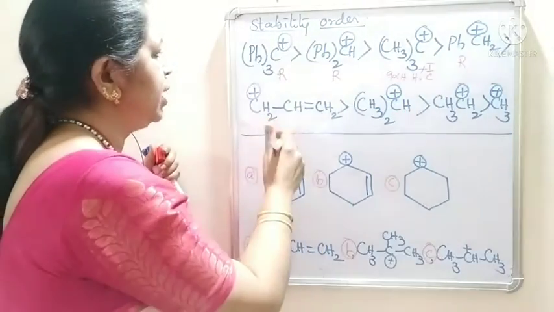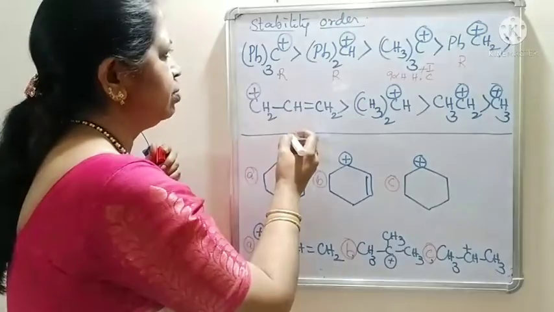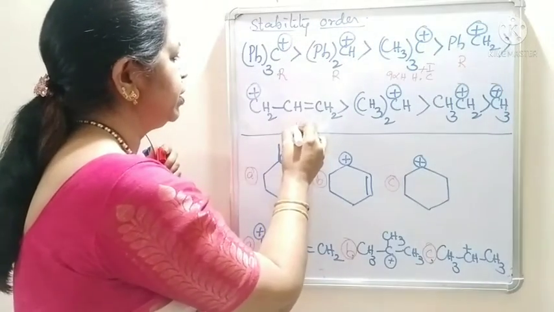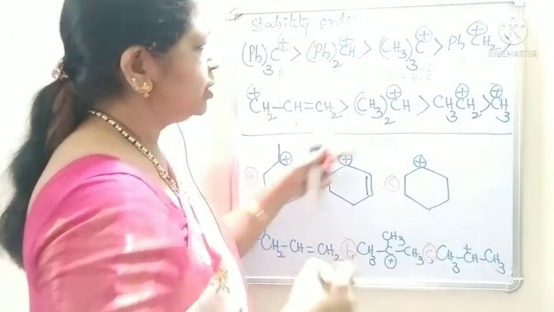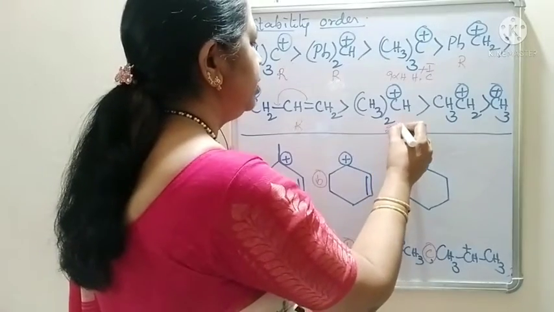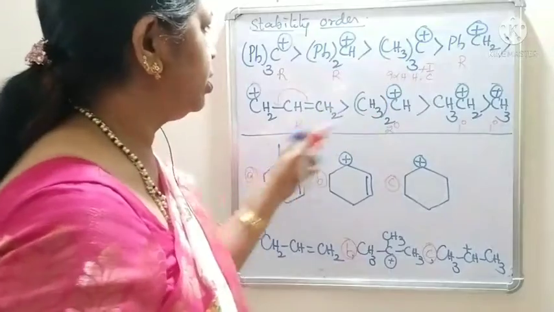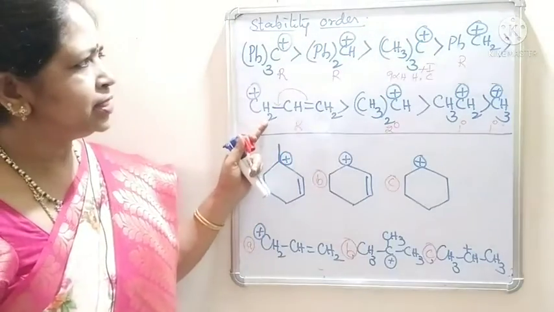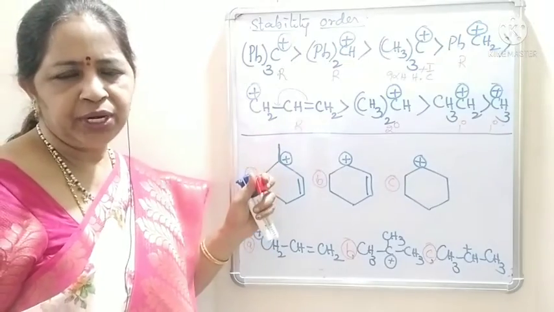And next comes allyl group, allyl carbonium ion. This allyl carbonium ion shows the resonance effect by the delocalization of pi electrons, and this is a secondary carbonium ion. It is secondary, and these are primary carbonium ions. This is the order of the stability of different carbonium ions.